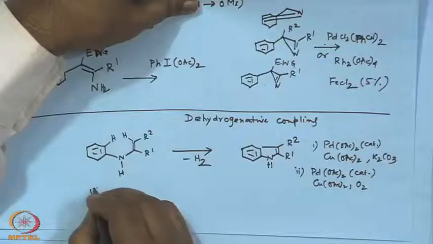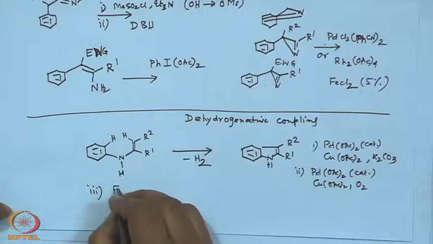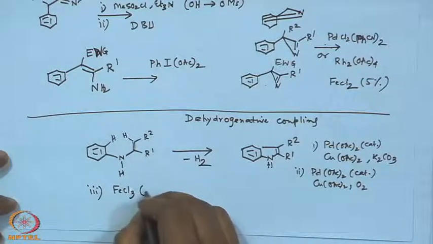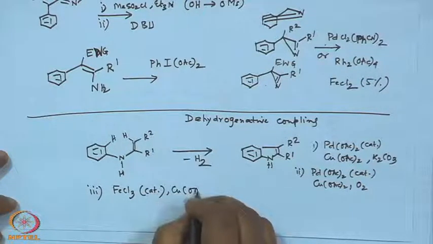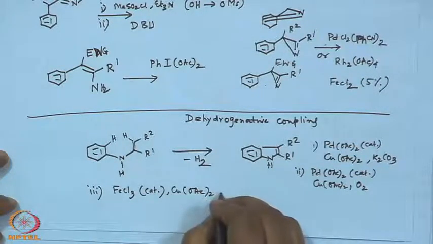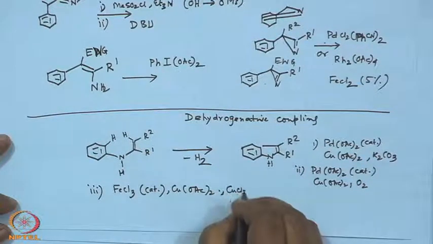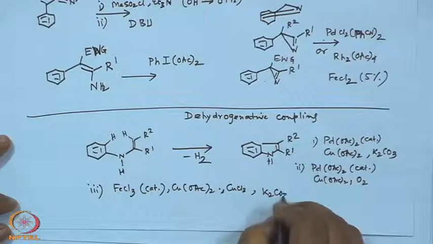The third one is a little different. Ferric chloride, once again a catalytic amount, then cupric acetate. So, all possible combinations are there, then with cupric chloride, and that has to have a base here, right.